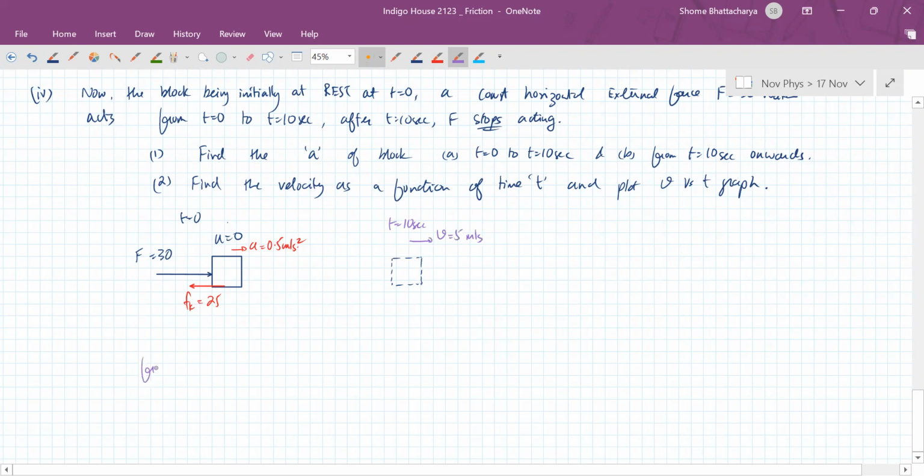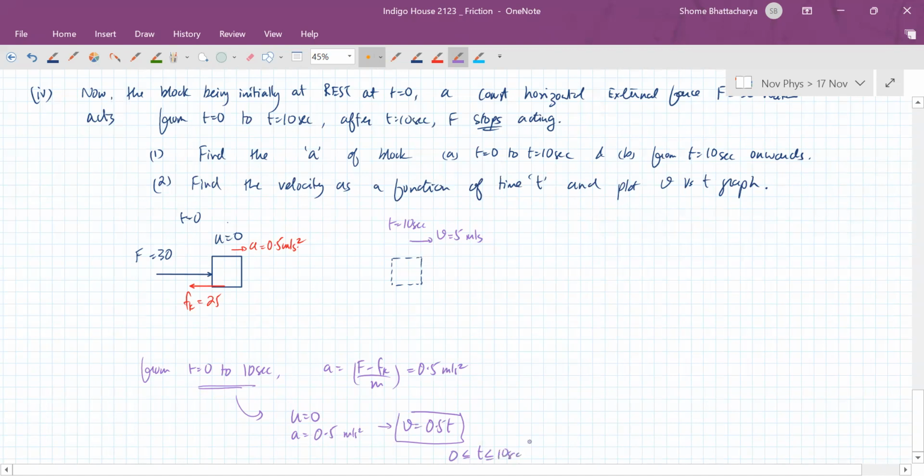Because from t equal to 0 to 10 seconds, the acceleration of the block will be F minus kinetic friction upon m, which we already worked out is 0.5 meters per second squared. So the initial velocity is 0, the acceleration is 0.5, so the velocity at any time will be 0.5 t for any time between 0 to 10 seconds.